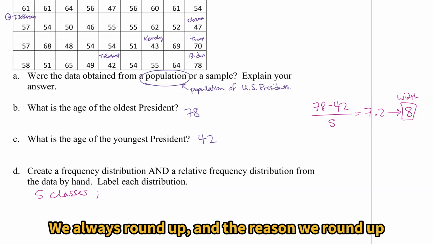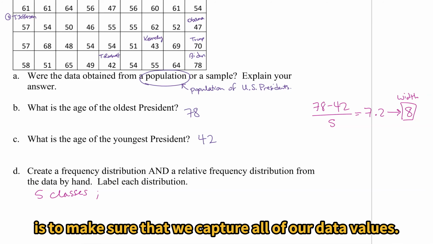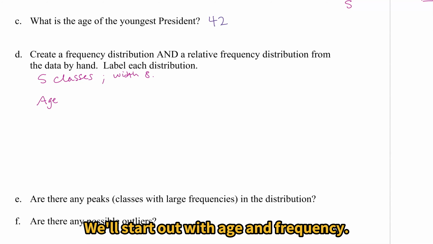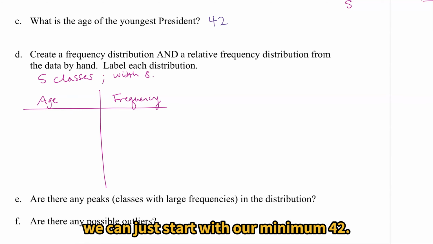We always round up, and the reason we round up is to make sure that we capture all of our data values. So we've got 5 classes. Our width is going to be 8. We'll start out with age and frequency. Starting out, we can just start with our minimum, 42.